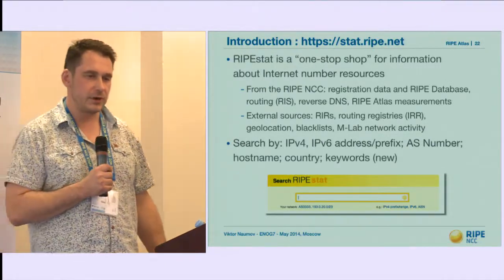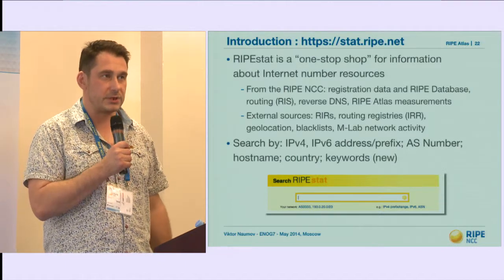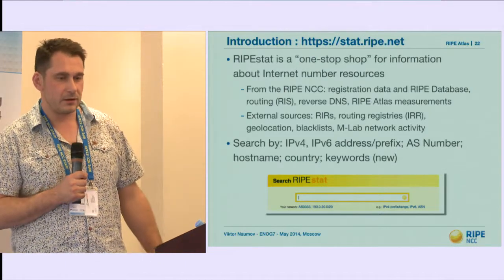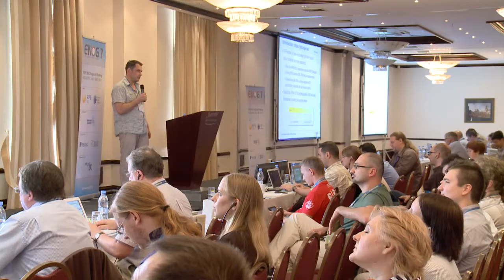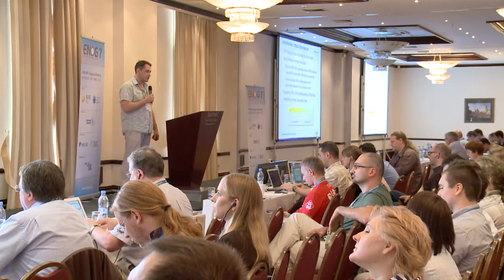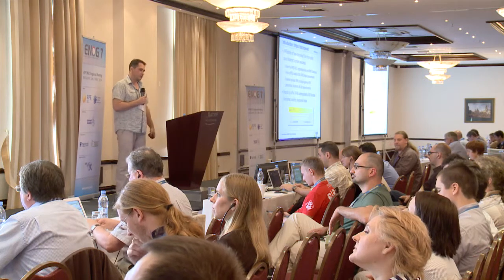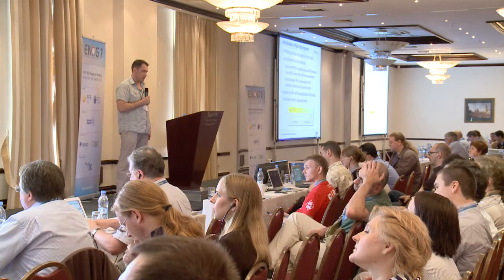I don't have too much time for my presentation, therefore I will just briefly explain RIPEstat. RIPEstat is a unique thing. It's an abundant source of information with a very simple user interface. It has reverse DNS data, RIPE Atlas measurements, registration data, the RIPE database.